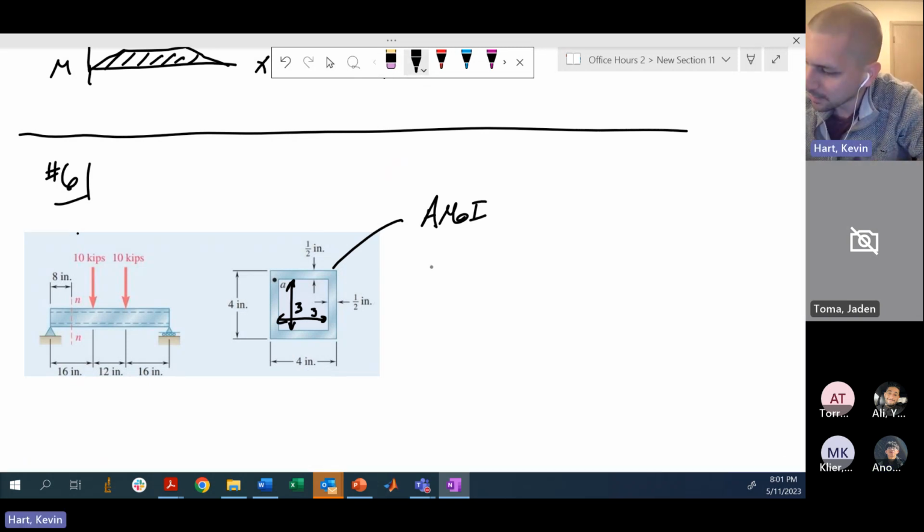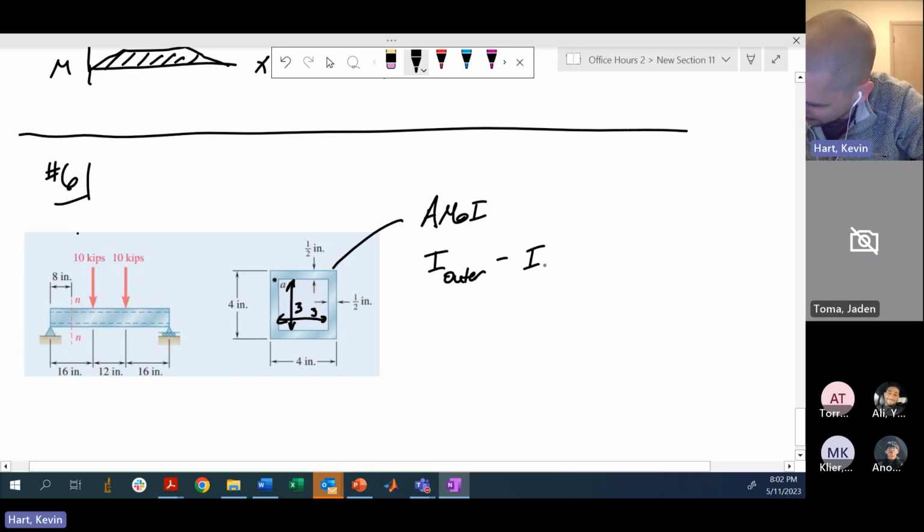Yes. Okay. So typically, you would have I for the outer box minus I for the inner box, because they share the same central point. You understand? Or if I call this my inner box and I call this my outer box.